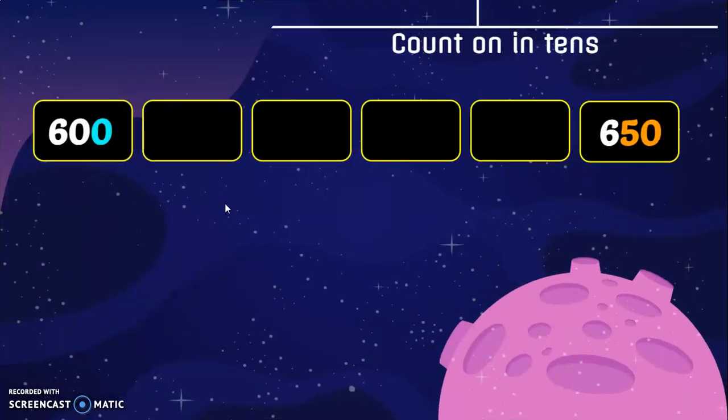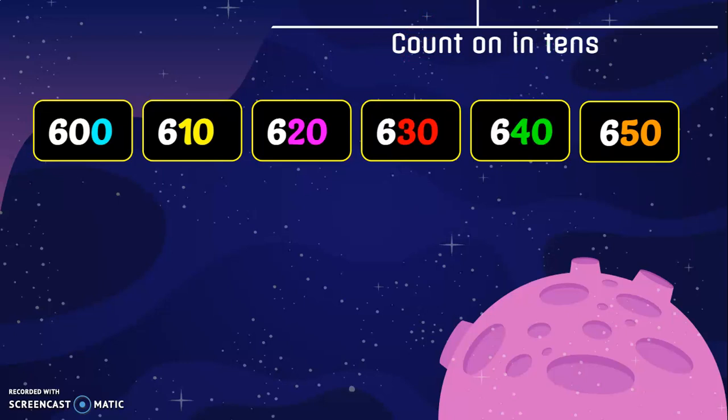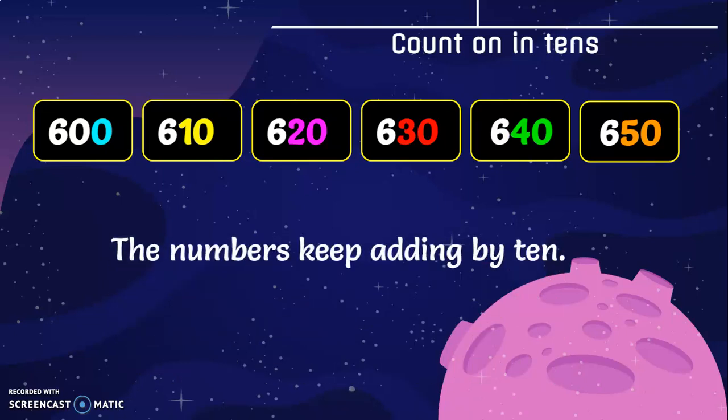Next, count on in tens. I have here 600, 610, 620, 630, 640, 650. The colored number at the back keeps adding by 10.